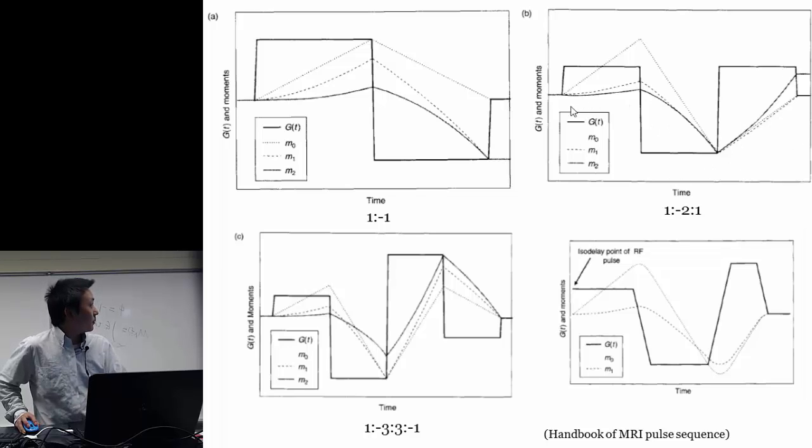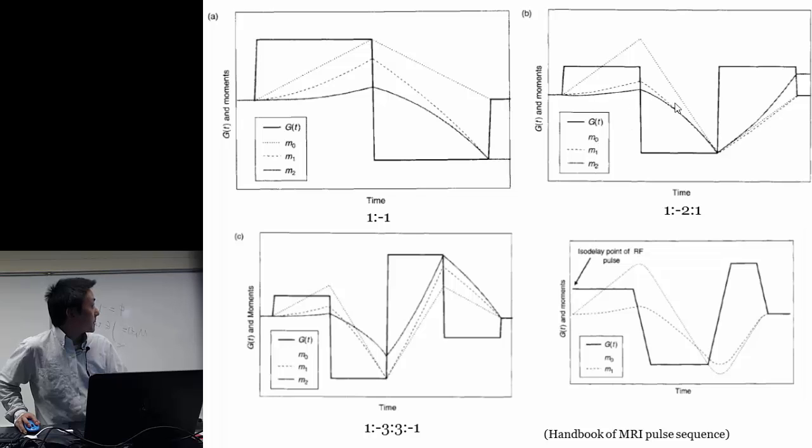Okay, so now for the calculation here, we can start at this point. The time origin for the integration for the first gradient moment is at this point, and the integration would be from this point to this point, which is the center of the echo.